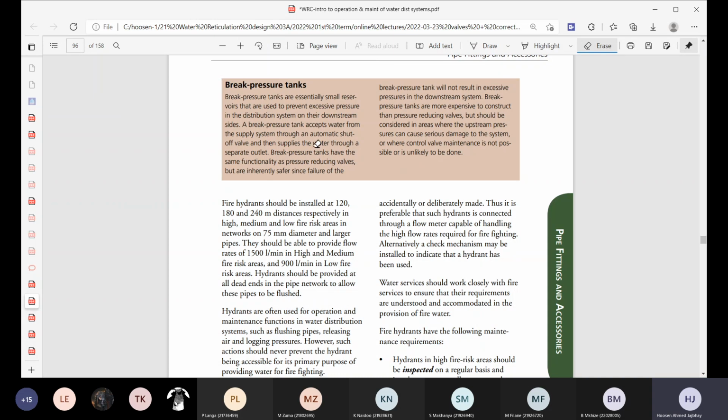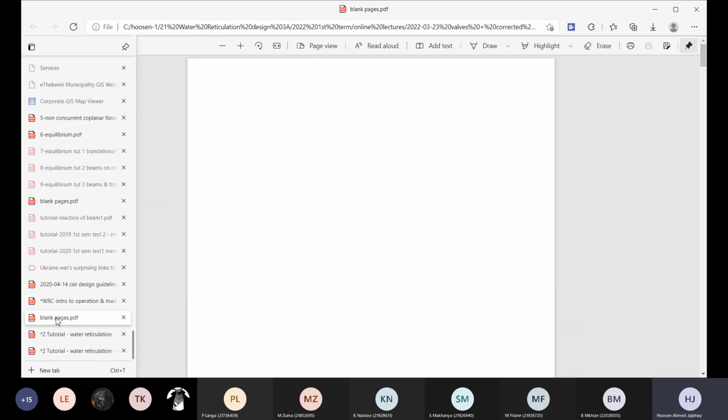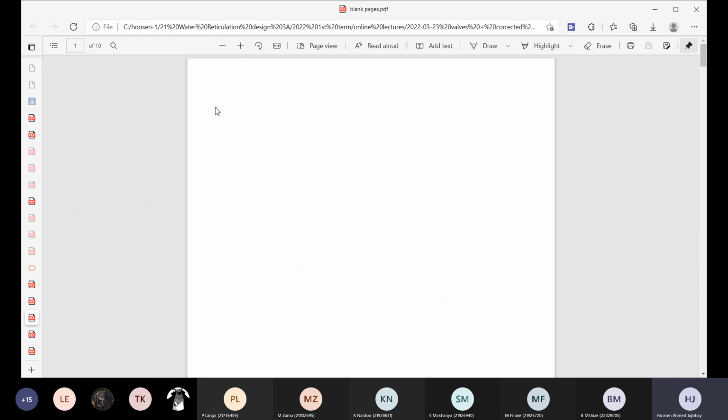How do these break pressure tanks work? Let me just explain it with the aid of a diagram. For example, let's say you have a reservoir at that particular point. So you have a reservoir full of water, and you're now supplying a town.